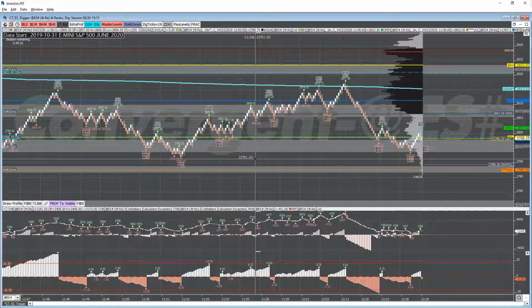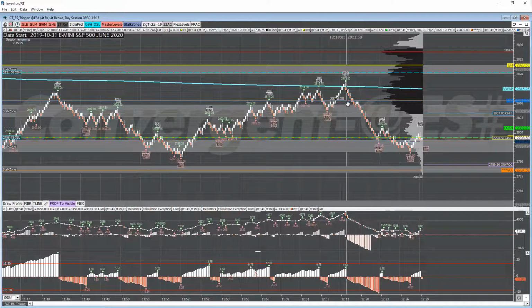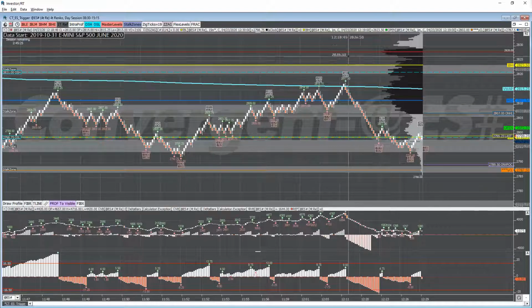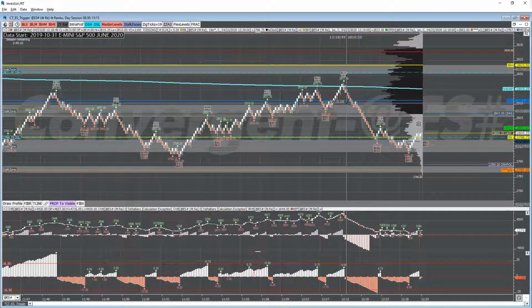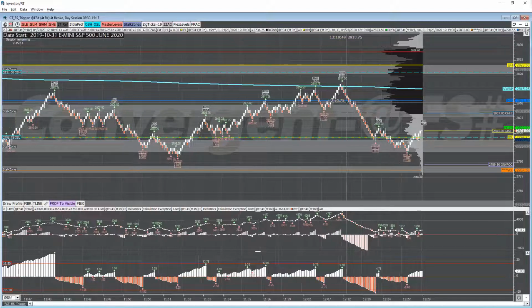It depends on how slow things are. If you have an impulse, notice the time at the top of the screen. This impulse here started at 16:51, 18, and then it went to 18:05. This is all Chicago time. 18:05, 1927, 1940.